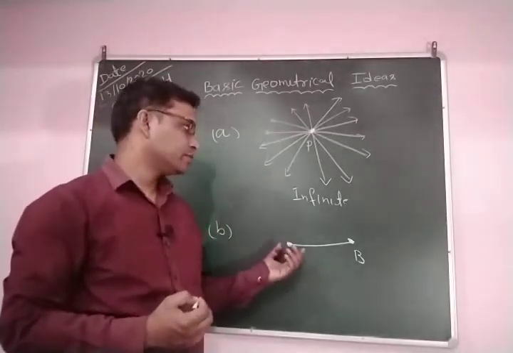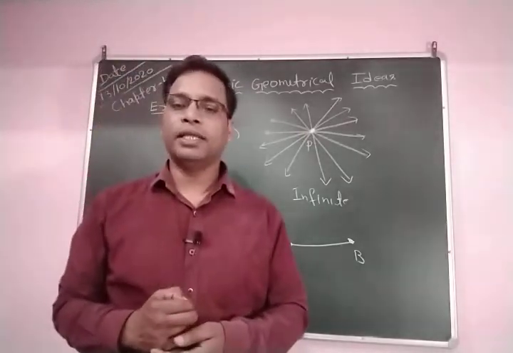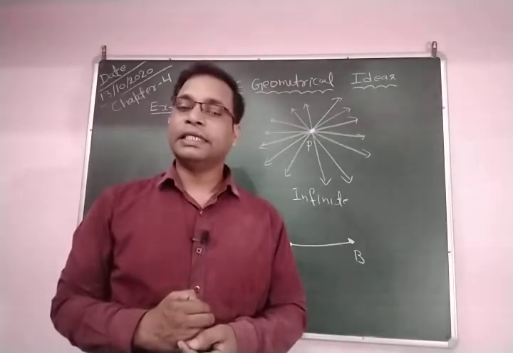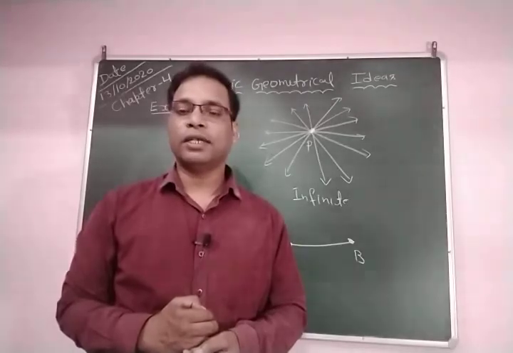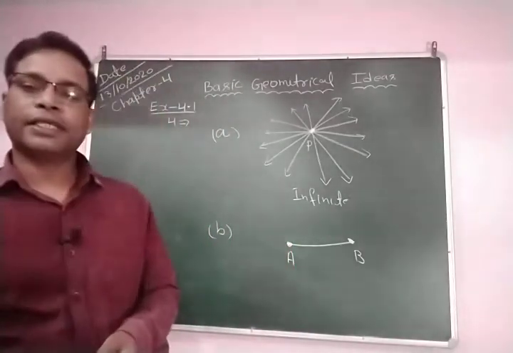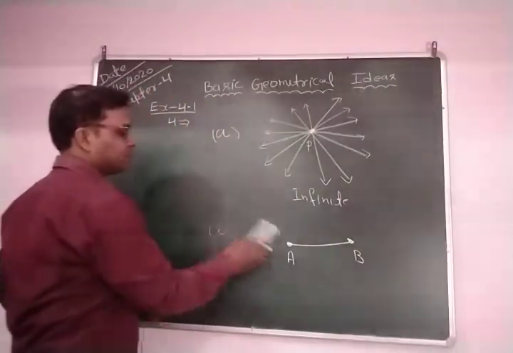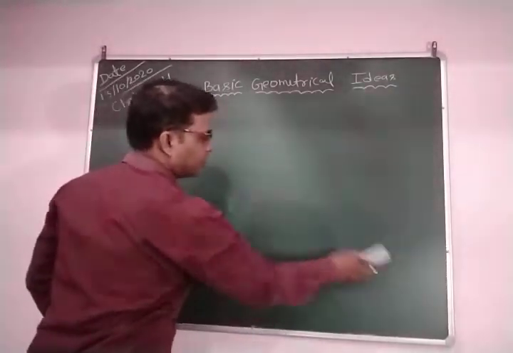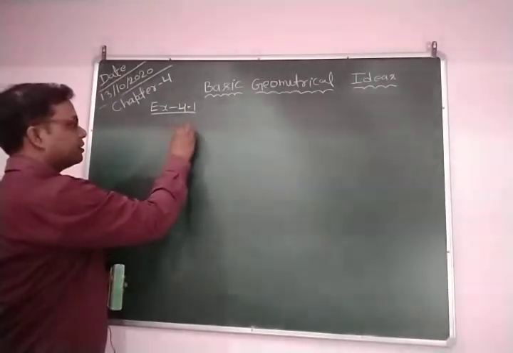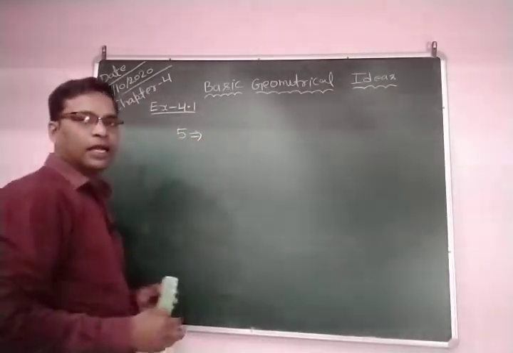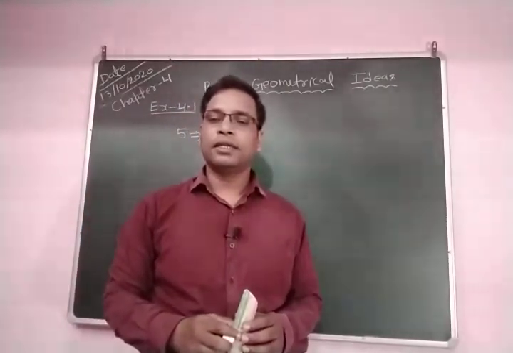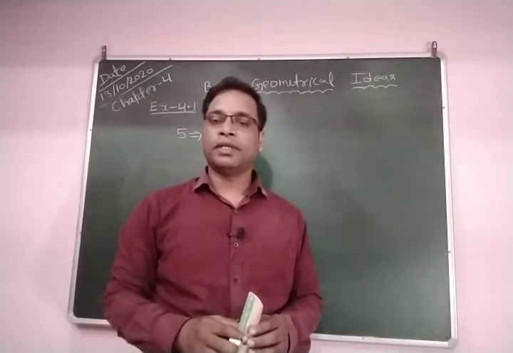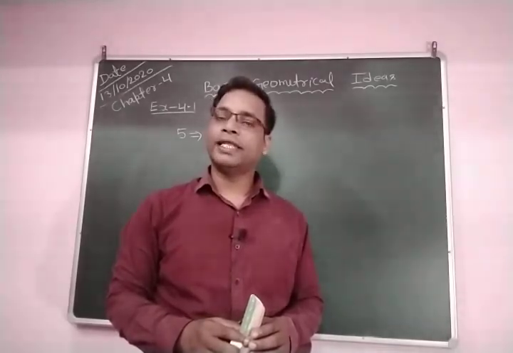Now the next, question number 5: draw a rough figure and label suitably in each of the following cases. Part A: point P lies on line segment AB.